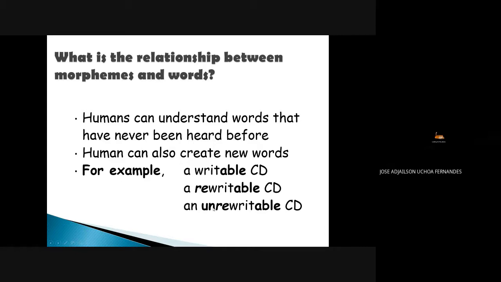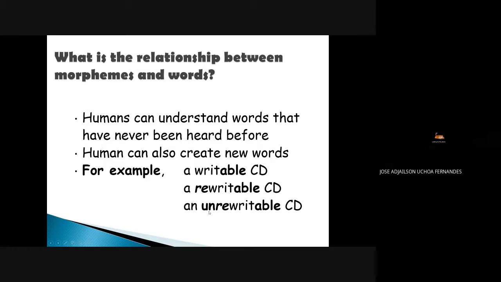So, unrewritable. When we had the technology, now it does not belong to your reality anymore because we don't even use CDs anymore. But we had writable CDs, which were considered to be impossible, but writable, okay, because we used to write on paper, so the paper is writable. The word existed before. Rewritable is a new word from the technological era of recording CDs. So you could erase and write again.